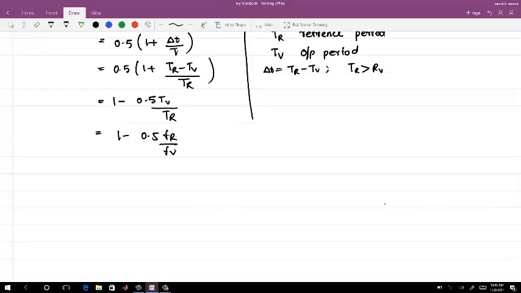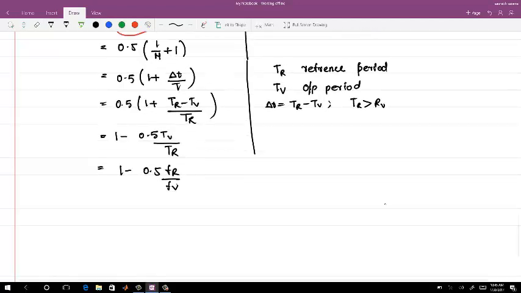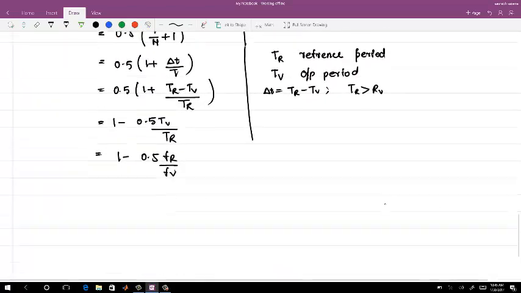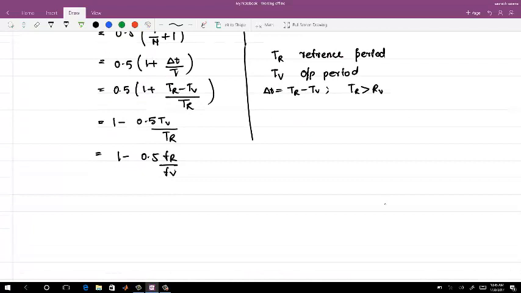Okay, but you pointed that out. So this expression, I mean the gain, will turn out to be non-linear if you do the whole analysis. So this is one part of it. And here I considered that your TR is greater than TV. That means the reference period is greater than the output period. Which means in the case of the PFD output, you will have the down signal high.